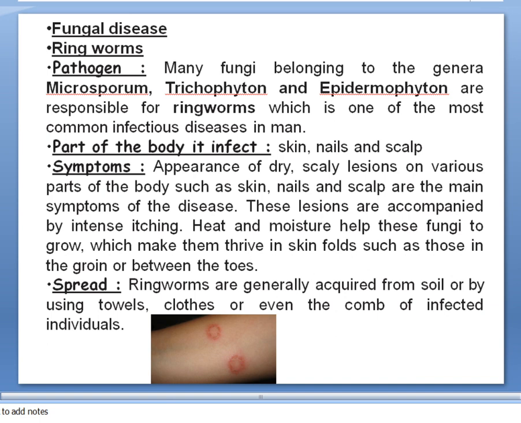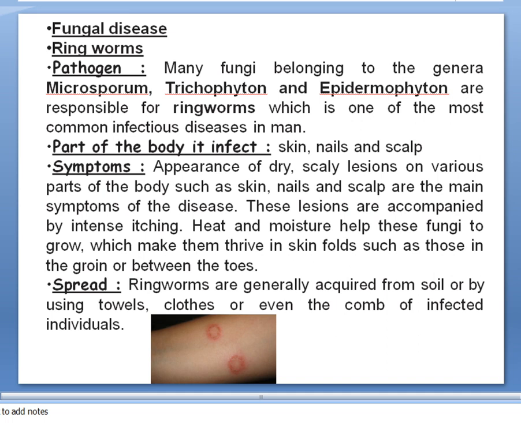Now fungal disease. A fungal disease is a disease which is caused by fungi. Here we have one disease called ringworm disease. Many fungi cause this disease, like Microsporum, Trichophyton and Epidermophyton.